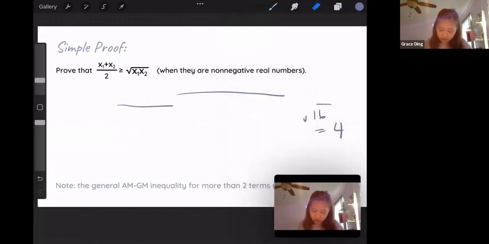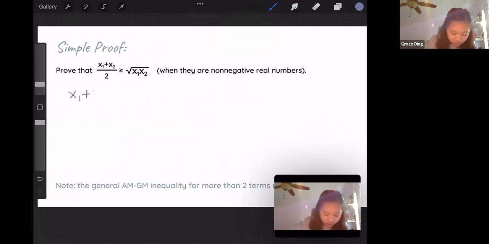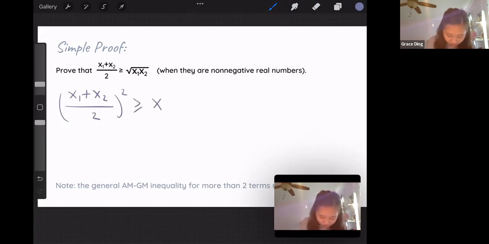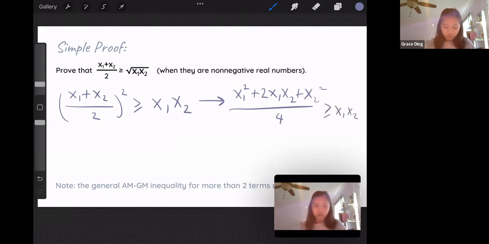I'll just show you guys a simple proof for two terms. Since they're both non-negative real numbers, we can square both sides. We can expand this, and we multiply by 4, we'll get this.